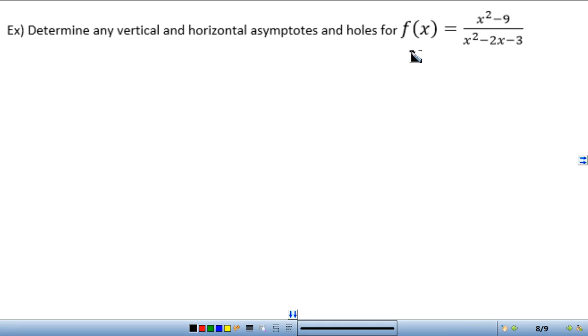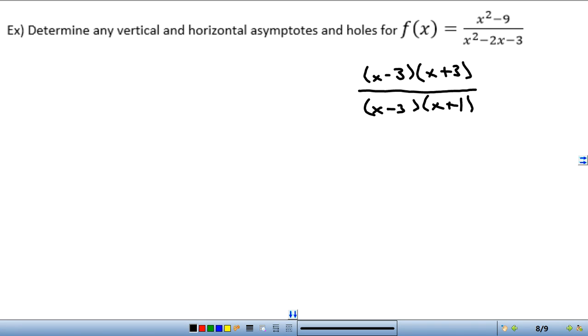Determine any vertical, horizontal asymptotes or holes. Factor the top, factor the bottom. I have x minus 3, x plus 3, and the bottom becomes x minus 3 and x plus 1. So that tells me that I have these match. So I have a hole at x equals 3.